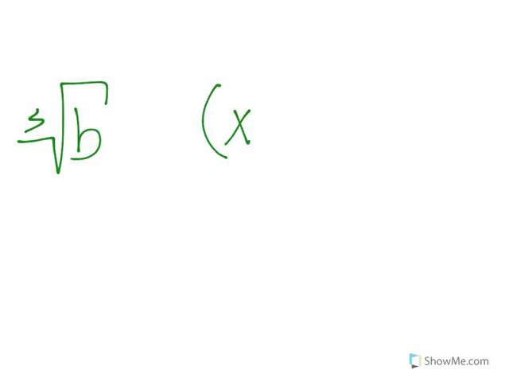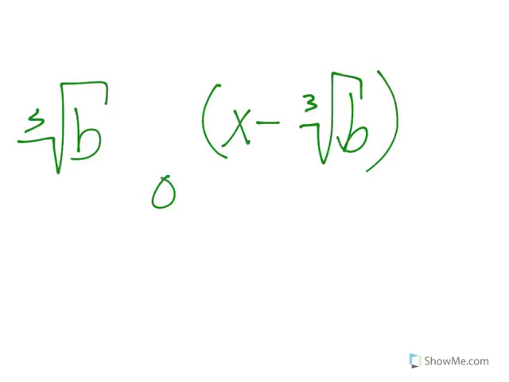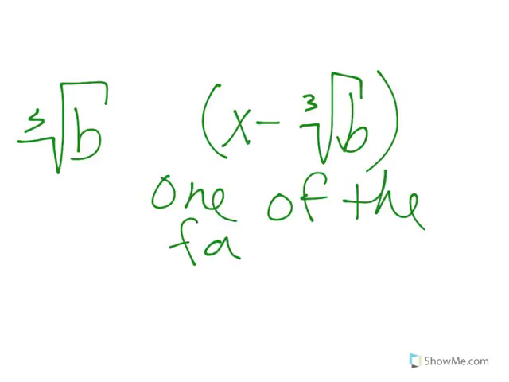So if we already know that the cube root of b is a zero, we know that x minus the cube root of b is one of the factors of x cubed minus b.